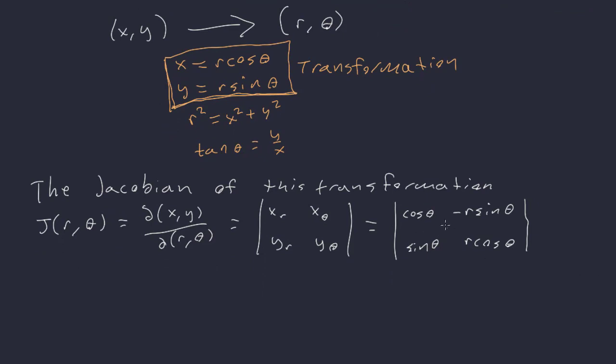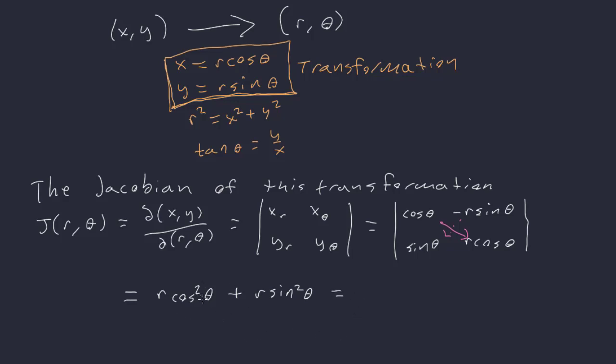All right, so we're going to do our main diagonal and our off diagonal. So we'll get r cosine squared theta when we multiply these together, then minus a negative, so plus r sine squared theta.